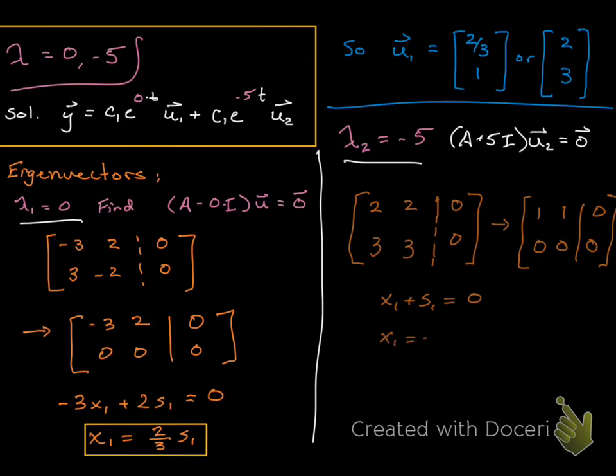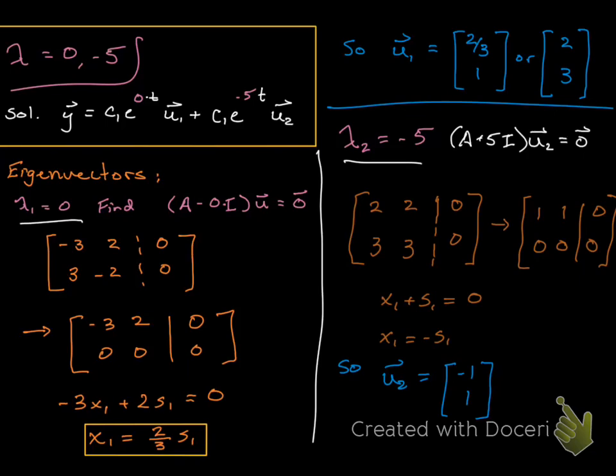So x1 is minus s1, meaning my eigenvector u2 is negative 1, 1. Right? So again, I'm taking the solution to that A minus lambda I times u is 0. I'm solving that matrix vector equation by augmenting with the 0 vector to find those eigenvectors.